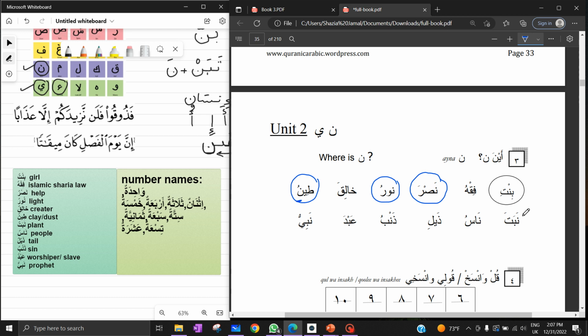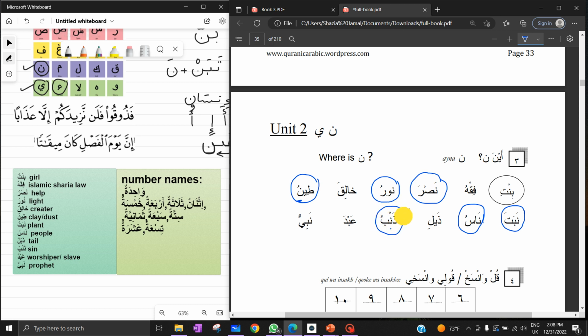Nabata means plant, any plant. So there is noon. Yes, the initial letter is noon. Nas means people. Yes, the initial letter is noon with a long vowel. Zail means tail. Is there noon? No, there is no noon. Zanb, yes, there is a noon and it is in the middle with a sukoon.